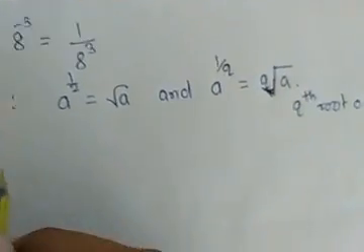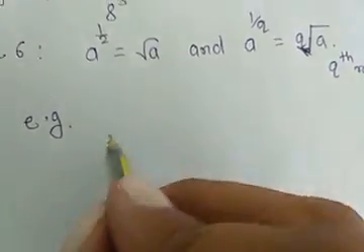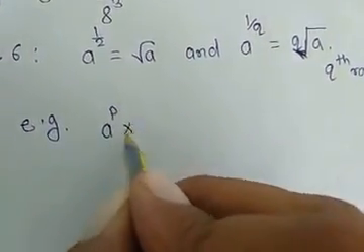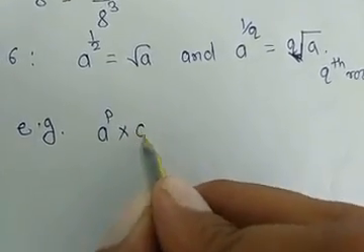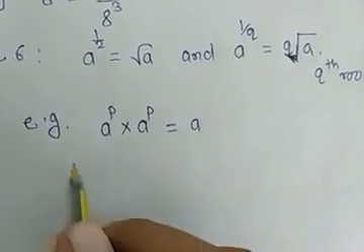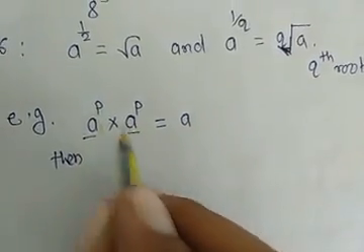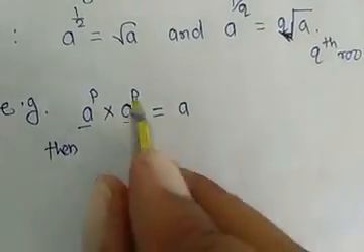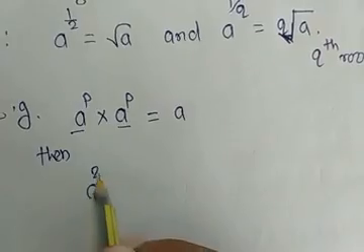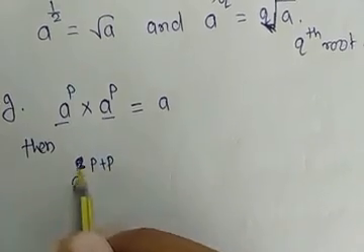Okay, for example, a raised to p into a raised to p is equal to a. Then we can write a raised to p plus p, since both bases are the same and the powers add.